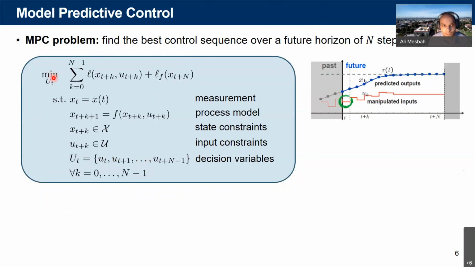So in this optimization problem, essentially we're trying to optimize some objective function. This could be a simple set point tracking objective function. It could be some economic nonlinear cost function that is subject to a process model, a prediction model, setting constraints on the states and the inputs of your system.